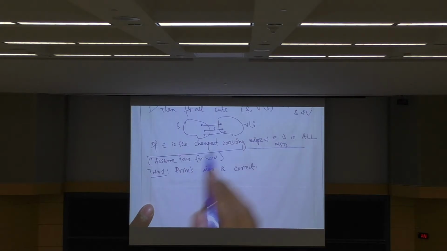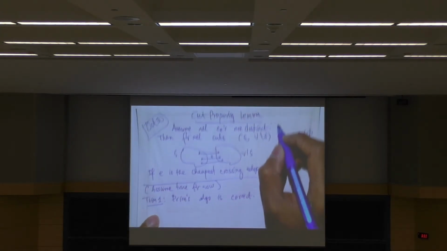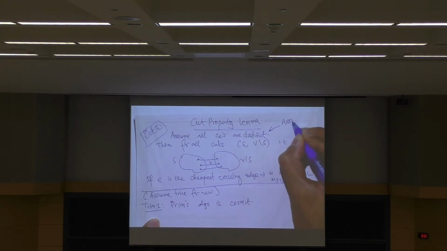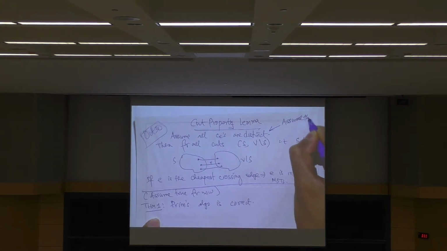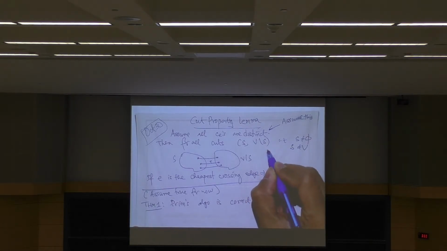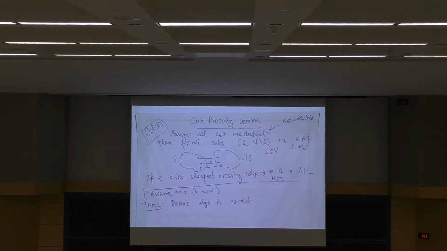By the way, when I say assume the cut property lemma, we'll also assume, till I say otherwise, that all the edge costs are distinct. So we're going to go with this assumption for a bit. Evan's question is, does S have to be a subset of V? Yes. Essentially, what we're saying is dividing the set of vertices into two parts, both of which are non-empty.